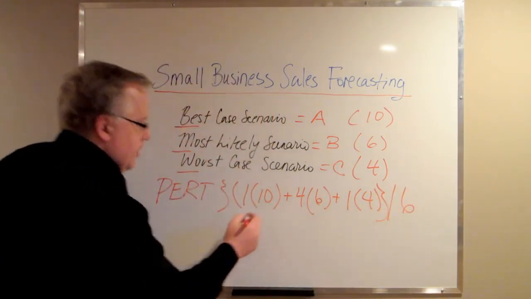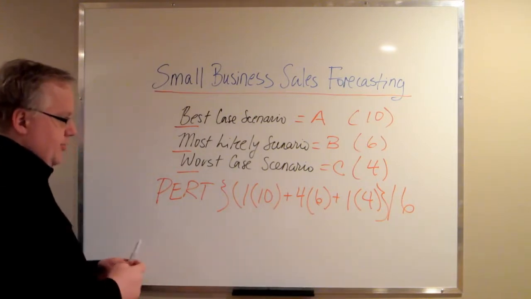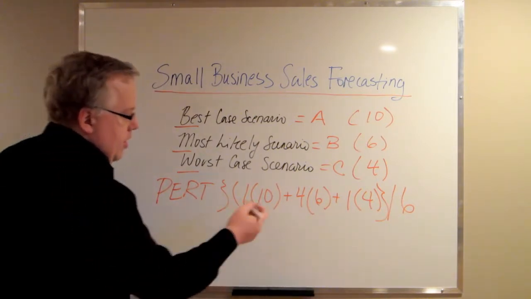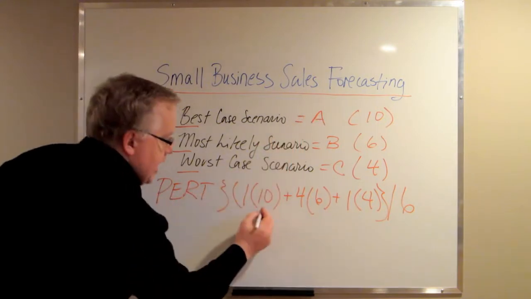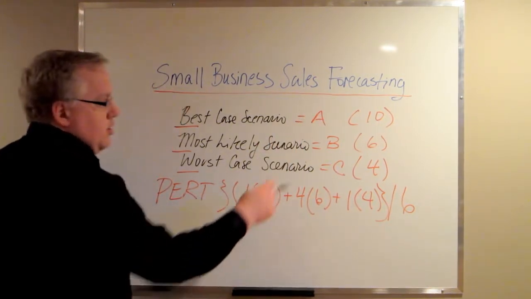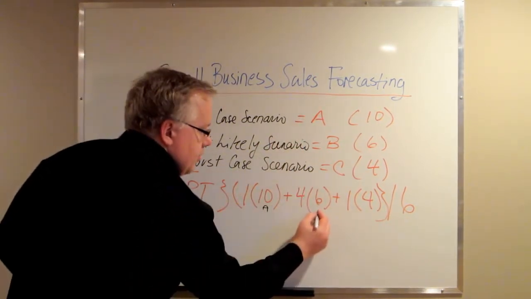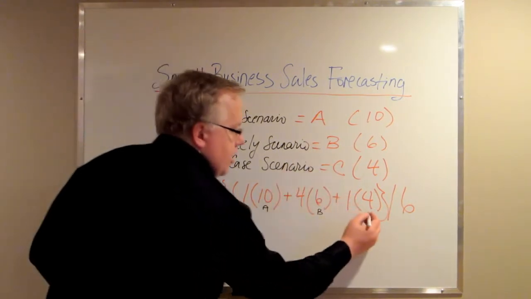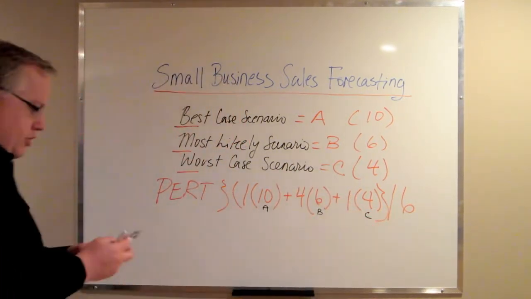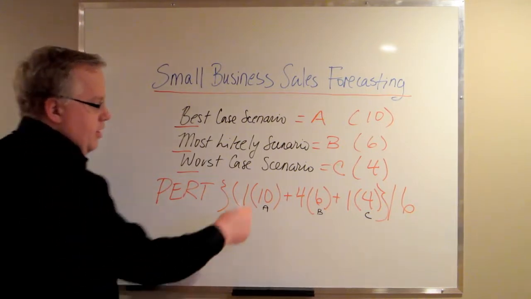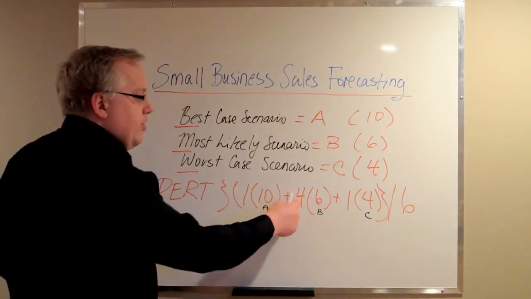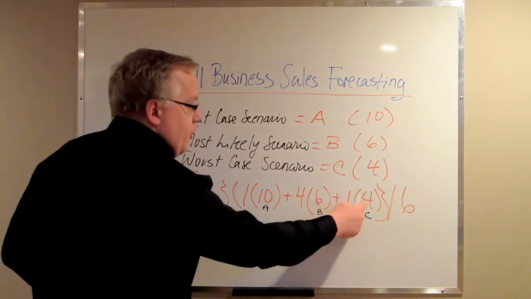So I'll just change up the numbers here: 1 times A, 4 times B, and 1 times C. Now do the inside of the calculation first. 1 times 10 is 10, 4 times 6 is 24, 1 times 4 is 4.